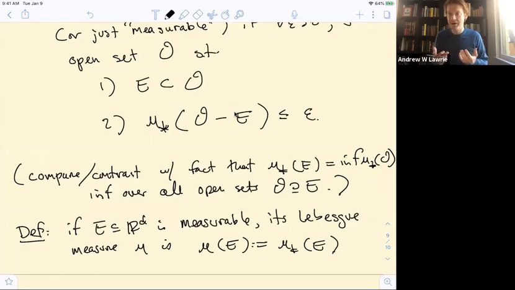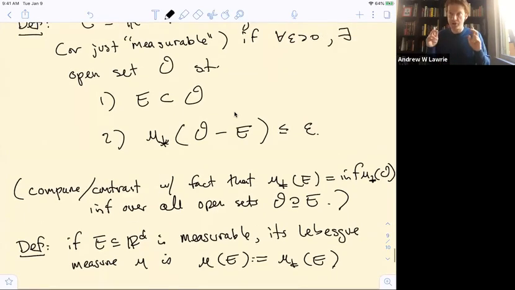What was missing is just given by the exterior measure of a set. What was missing was this definition of measurable. So once we declare sets are measurable, then we measure them via this exterior measure.